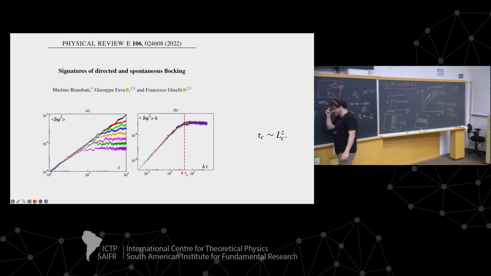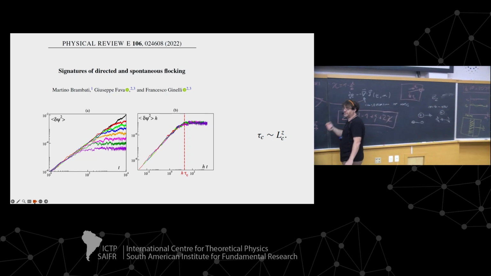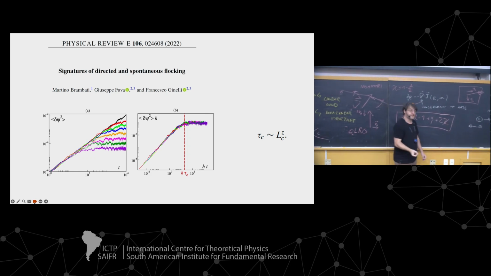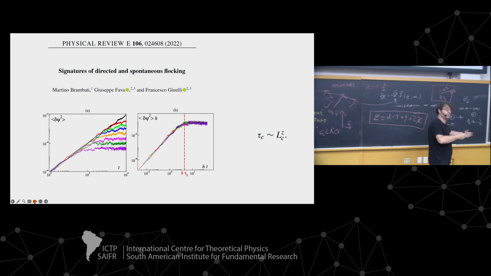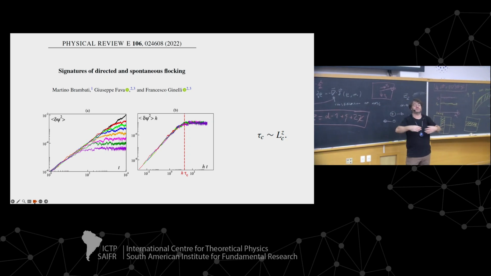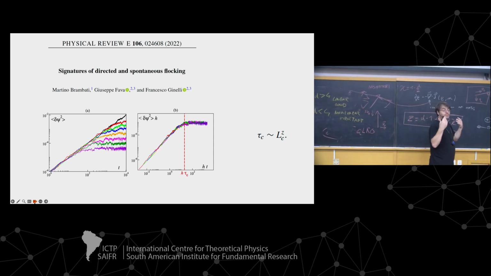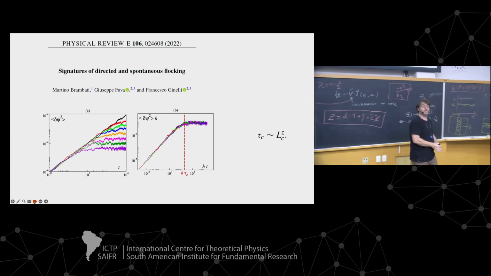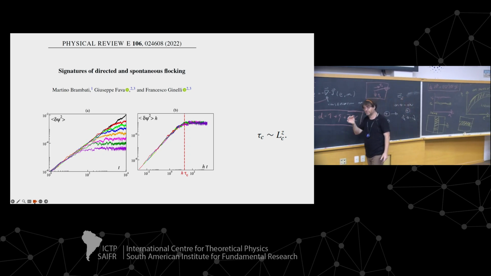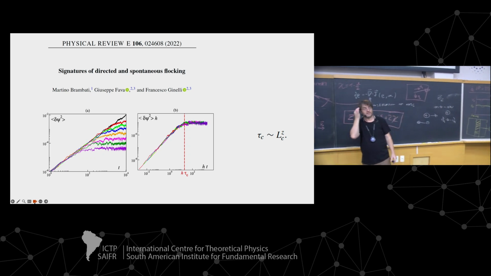So the question is, what is this theory telling you, which lets you distinguish, if you have some raw experimental data, just let's say the positions of your particles, whether they are migrating collectively in a spontaneously random direction, or whether there is some kind of subtle signal driving them.